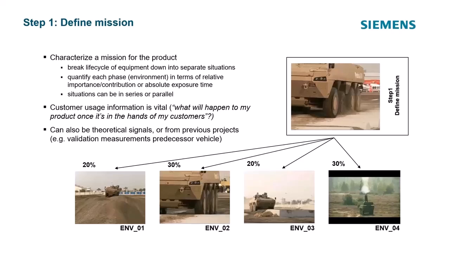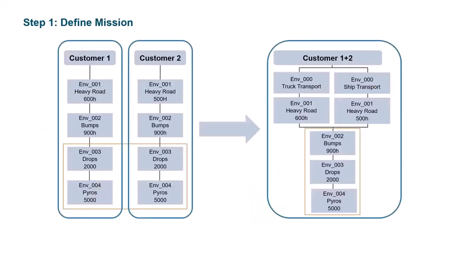When we quantify loading environments, we want to qualify them as series or parallel. Think of series events as and. I got to run this and this and this and this. And parallel events as an or. I got to run this or this.